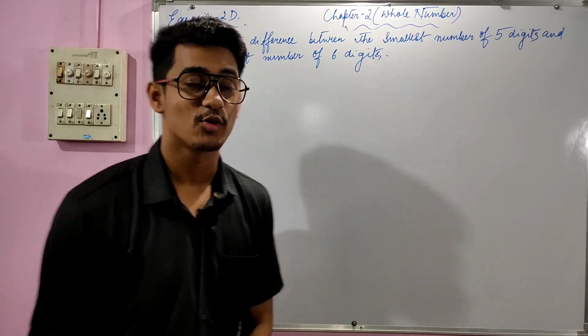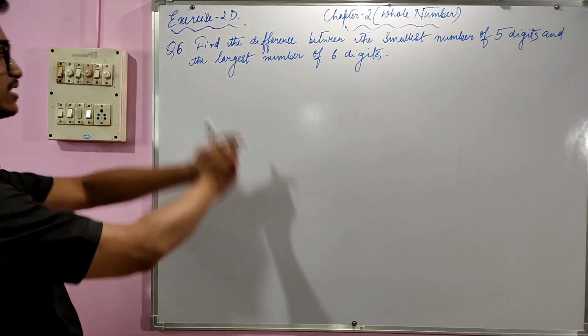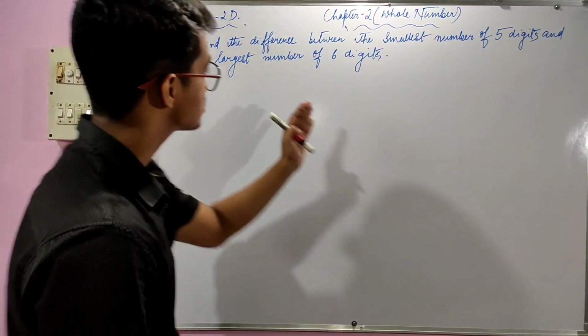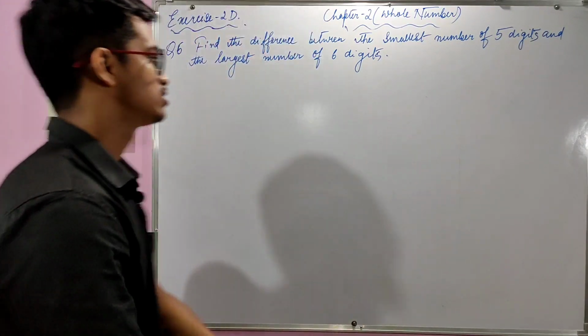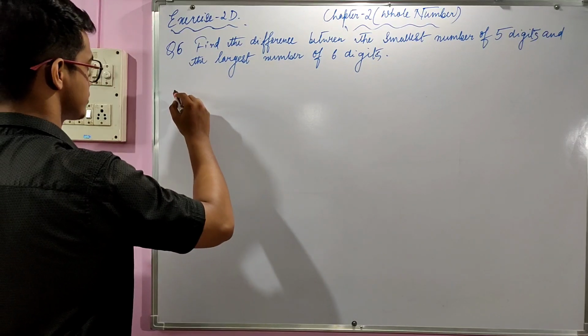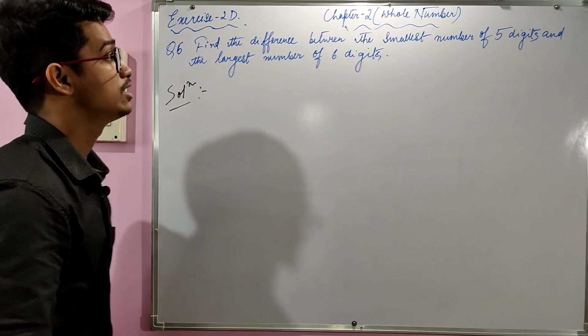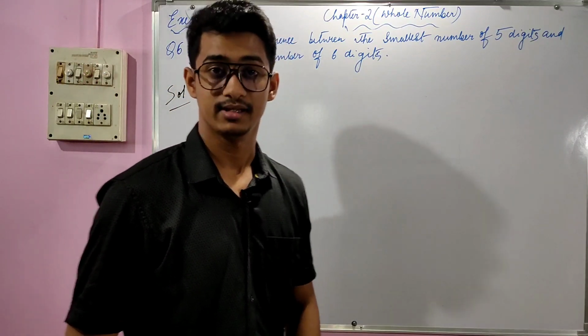So let's jump into question number 6. What is question number 6? Find the difference between the smallest number of 5 digits and the largest number of 6 digits. Let me first write down the number associated with the smallest 5 digits.